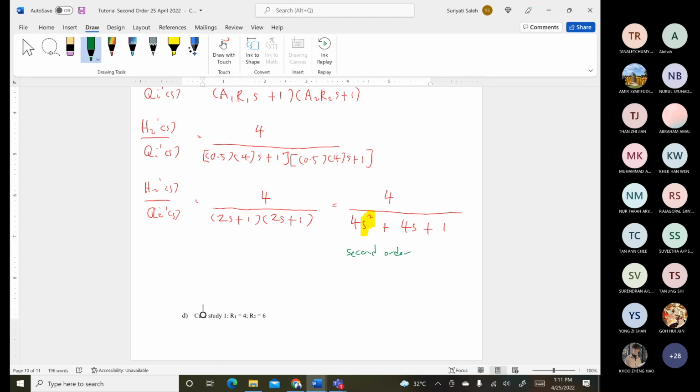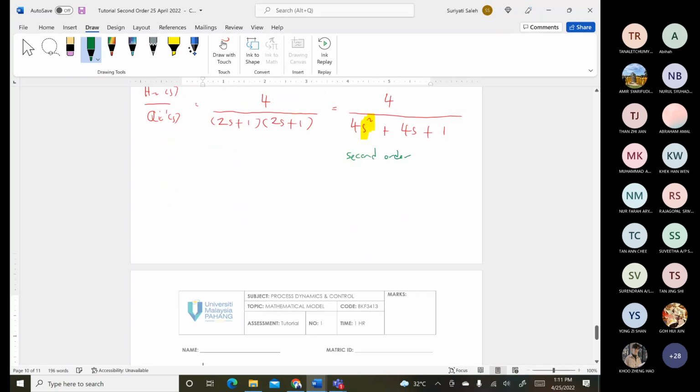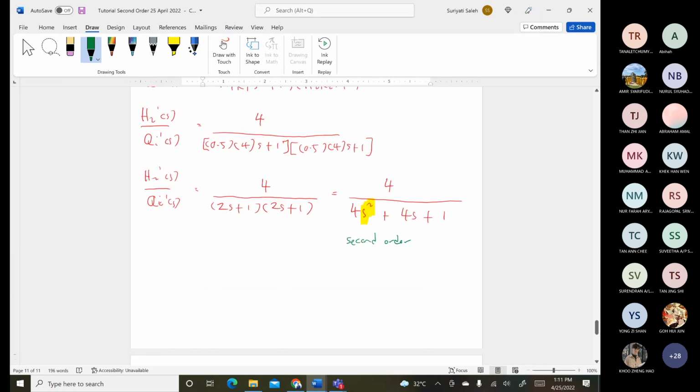If you have first order, this is the standard form: K over tau S plus 1, where K is the process gain and tau is the time constant.